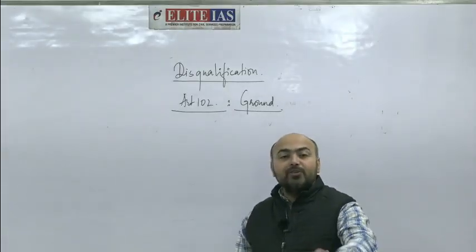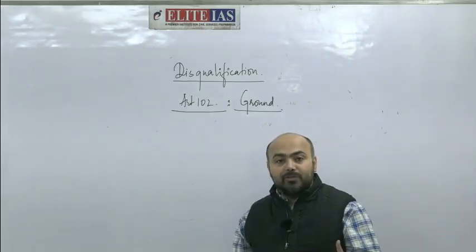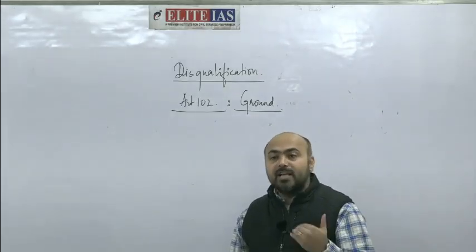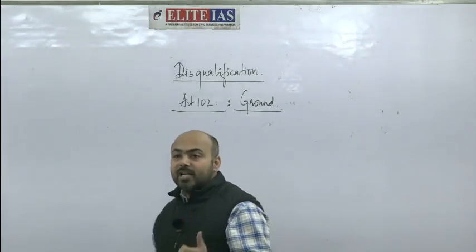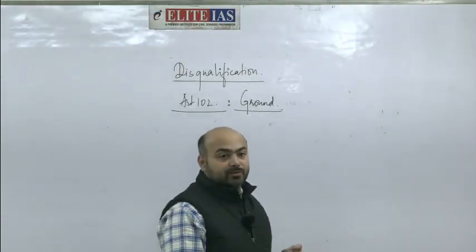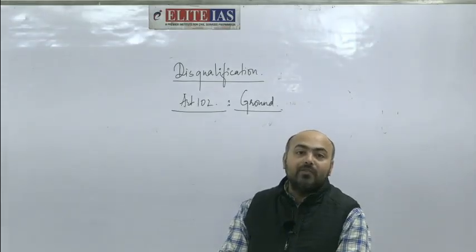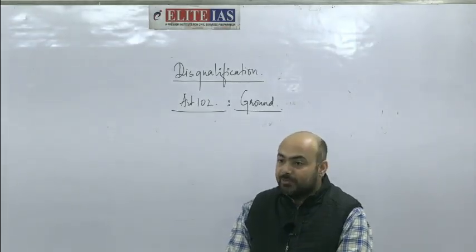The last provision was that if there is a law made by the parliament, then on those grounds also an individual can be disqualified from being a member of the house.